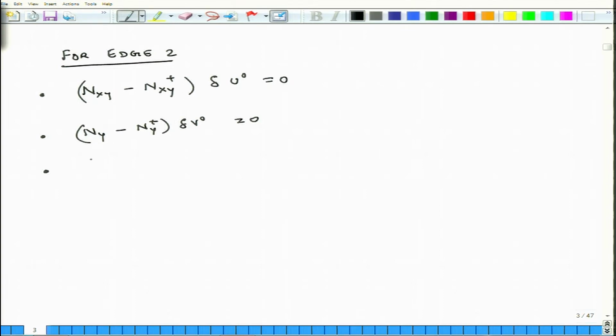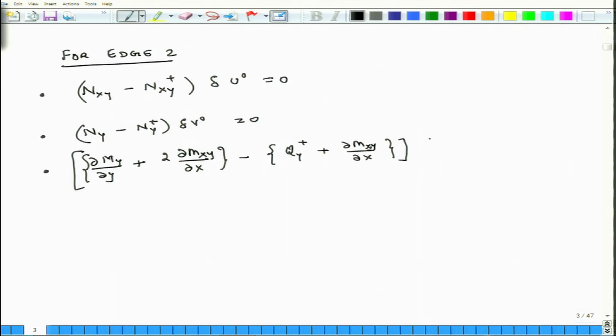Then we have del my with respect to del y plus twice of del mxy divided over del x, minus qy plus del mxy with respect to del x, times del w naught equals 0, and the fourth boundary condition is my minus my plus variation in del w naught with respect to del y equals 0.